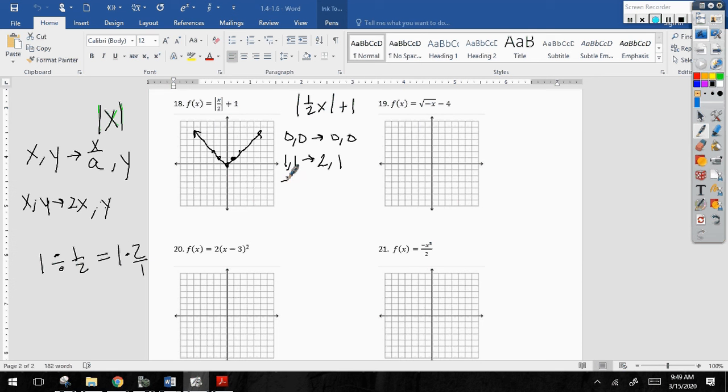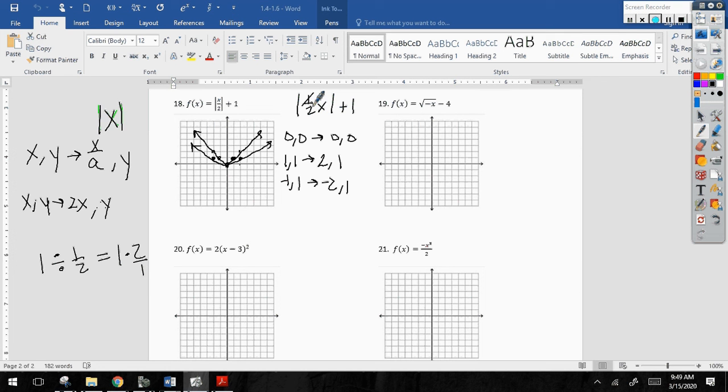And then, of course, my negative 1, 1 would become negative 2, 1. So this new graph is going to be negative 2, 1, 0, 0, 2, 1, and you can see it start to stretch out here, which is what it should do. A horizontal stretch of 1/2.